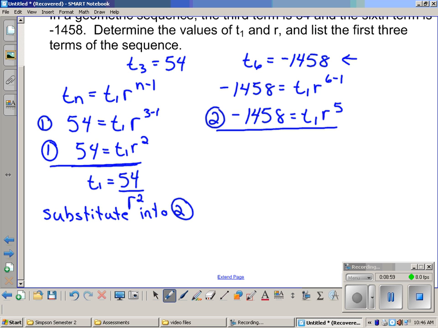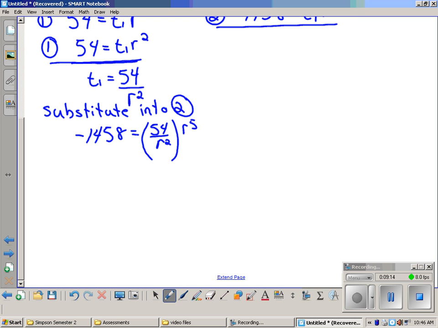So equation number 2 is negative 1,458 equals T1, but my T1 is now 54 over R squared, times R to the power of 5. Simplifying, negative 1,458 is equal to 54.